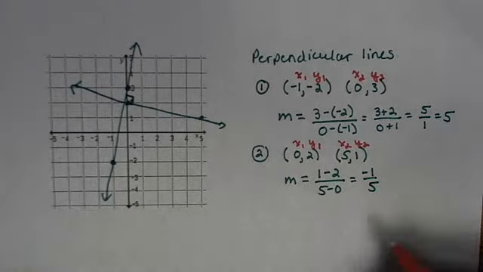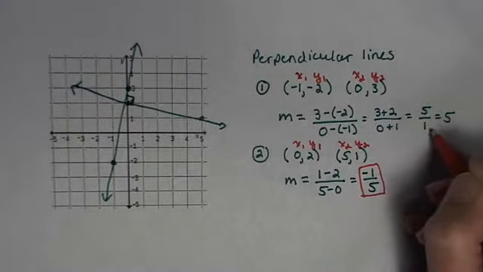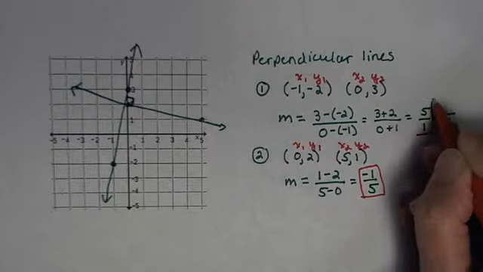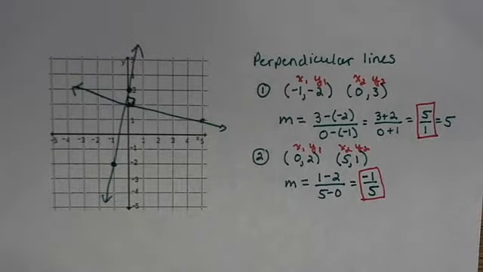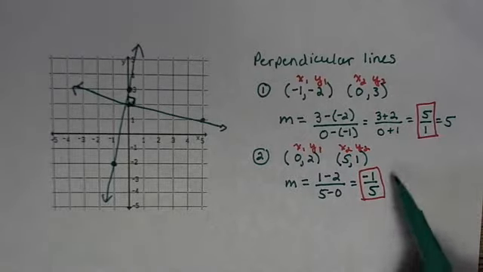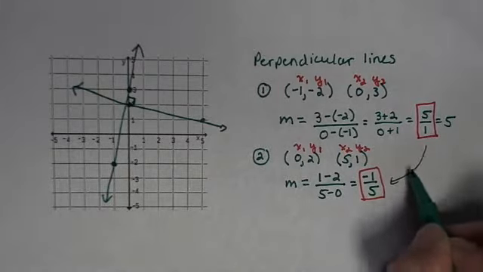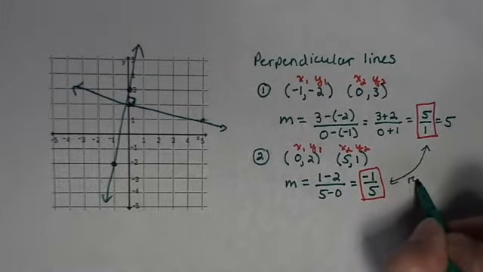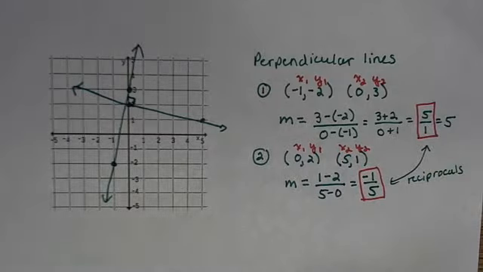Interesting. Well, let's see. How are these two related? And I'm going to look at both of them in fraction form because it gives me a little bit more information. Notice that these are actually what we mathematically say are reciprocals of each other.